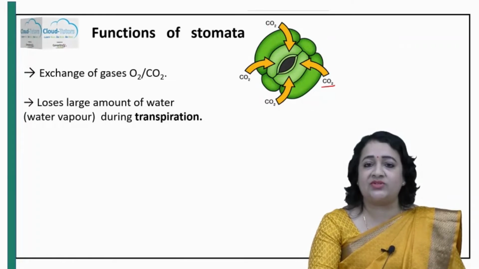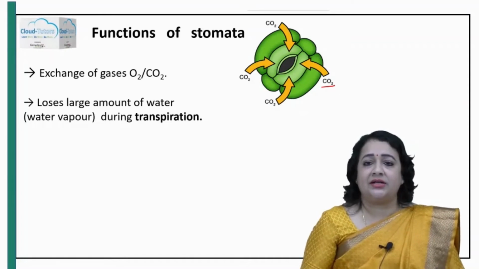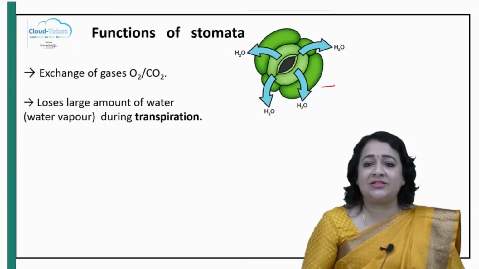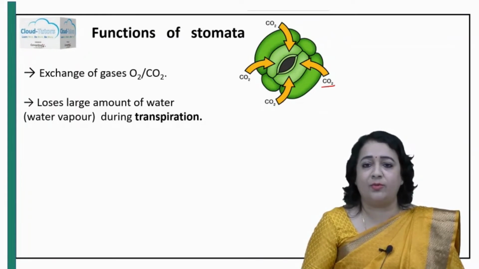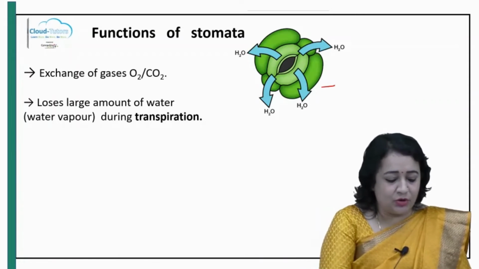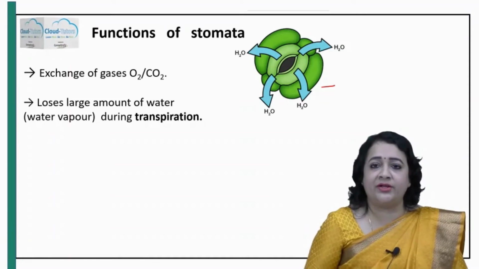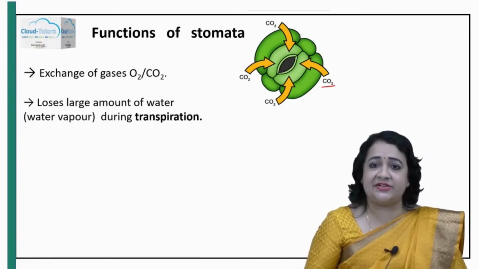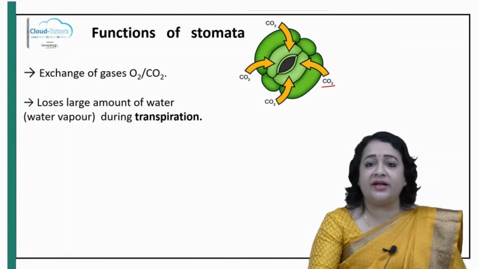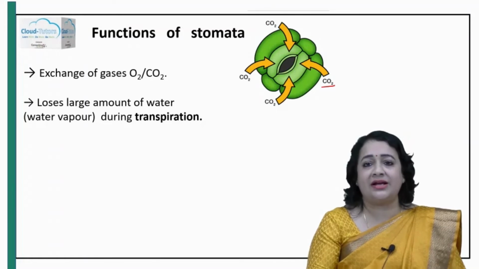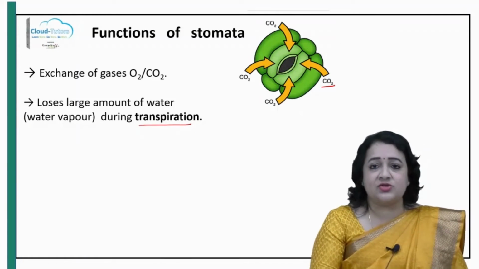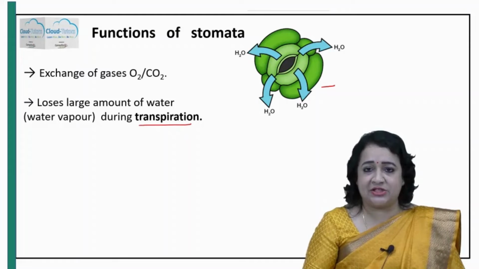Transpiration is the process where the excess water is thrown out, or comes out of the plant, in the form of water vapor. So loss of water in the form of water vapor through the aerial parts of the plant is transpiration. Through the stomatal pore, the water in the form of water vapor will come out during transpiration.